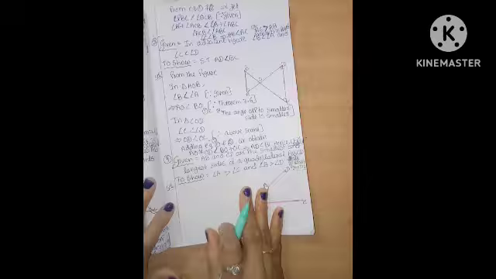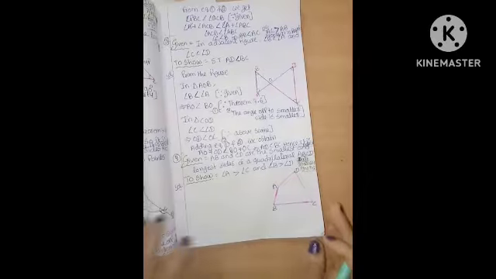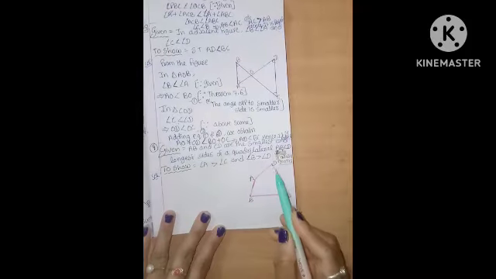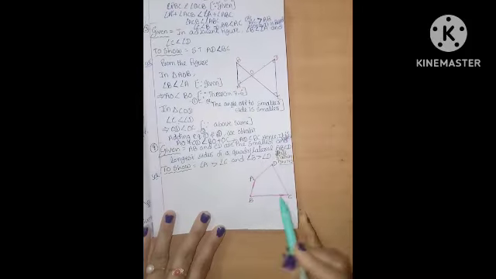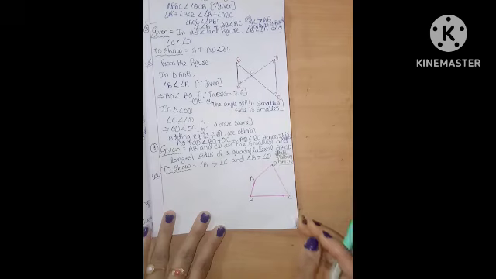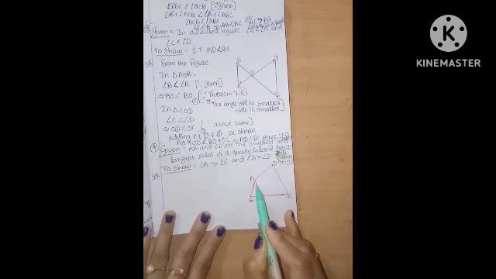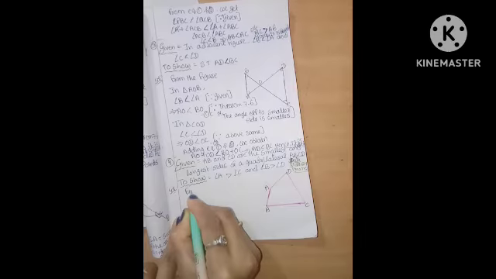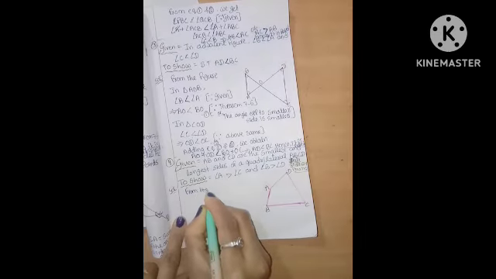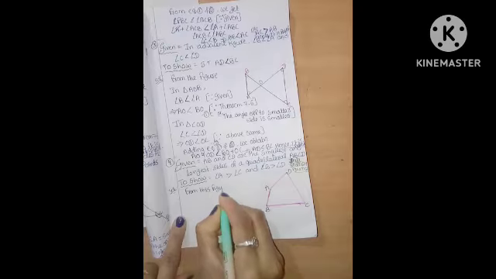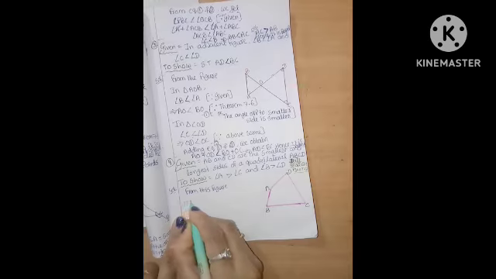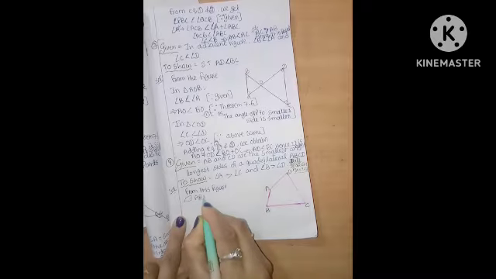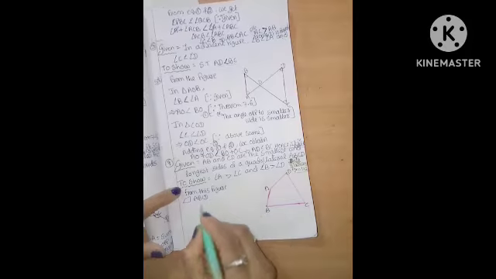Look at this notebook. Listen carefully and neatly. This is the quadrilateral ABCD. This is not a triangle. What is given?